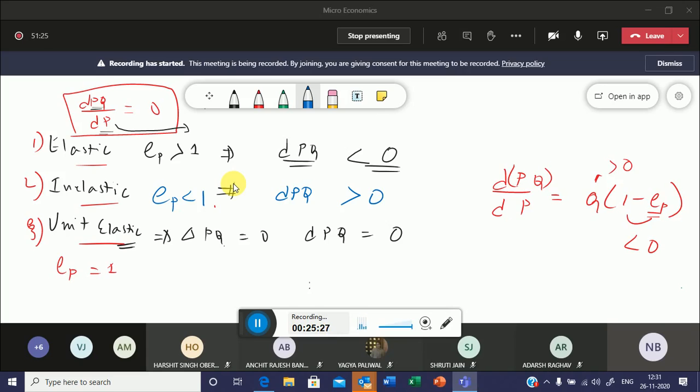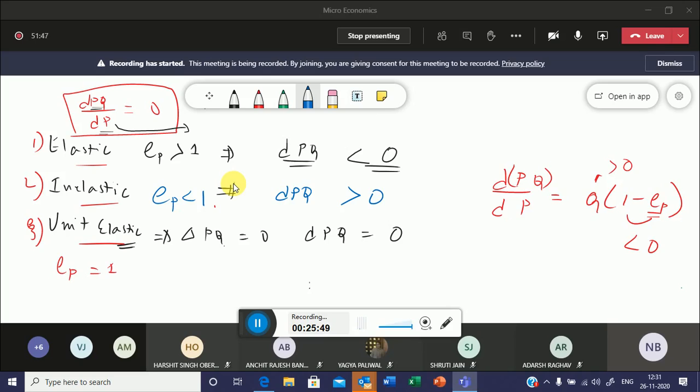So if my product is inelastic, meaning that I don't care about the price as a consumer, I will consume that amount. So in that case, the producer finds it beneficial to increase the price because the total revenue is not going to fall. Why is it not going to fall?